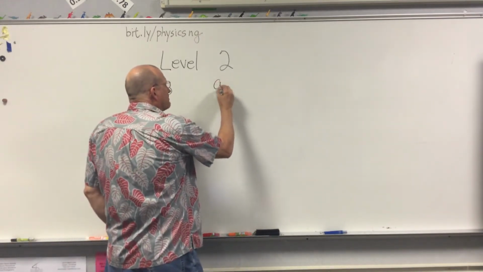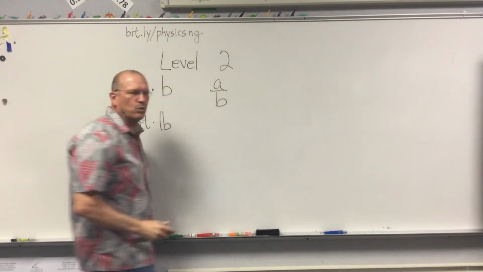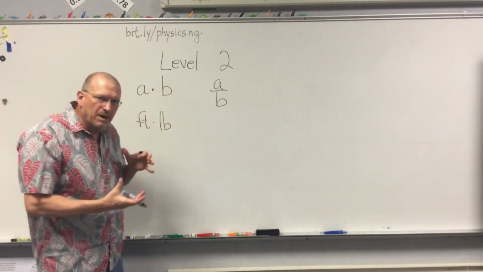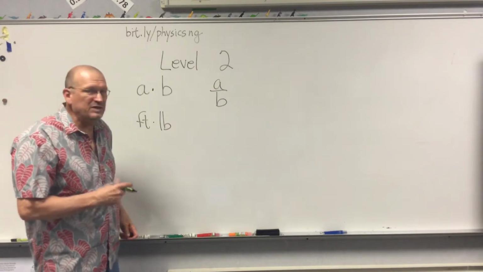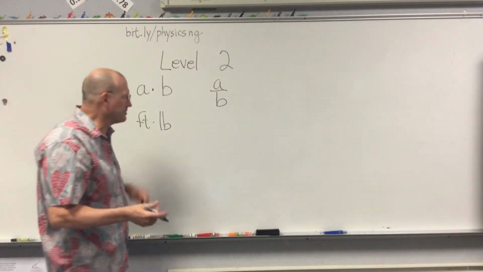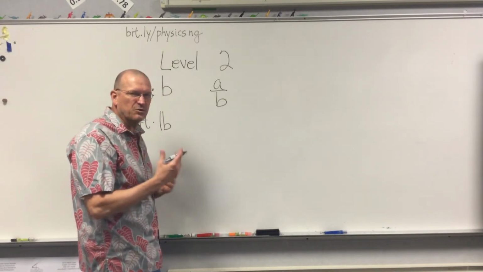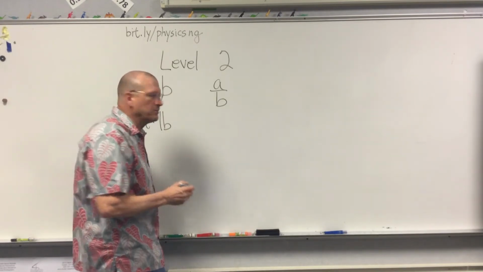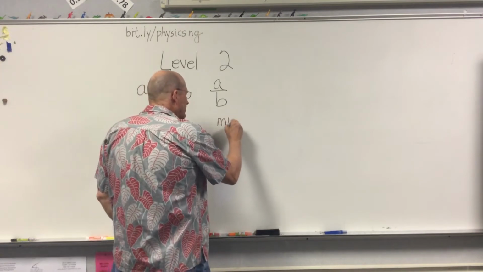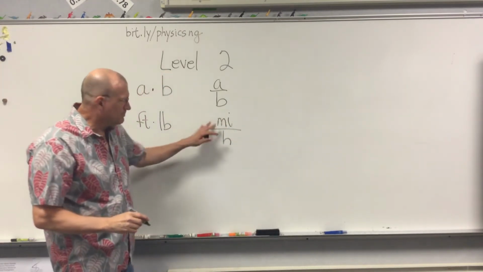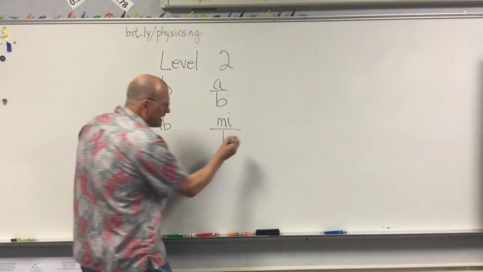A second type of level 2 unit is one where you are taking 2 units and combining them through division. Now the classic example for this one that everybody would be familiar with, and again we're going to work from English units because they're the ones that people would have most familiarity with, would be miles over hours, and most people would refer to this as miles per hour.